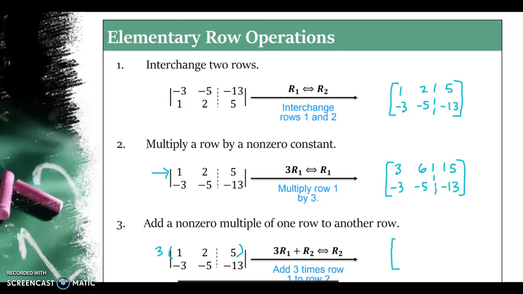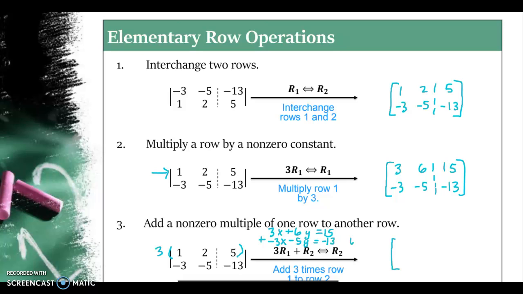So it's exactly like taking 3x plus 6y equals 15 and adding negative 3x minus 5y equals negative 13.